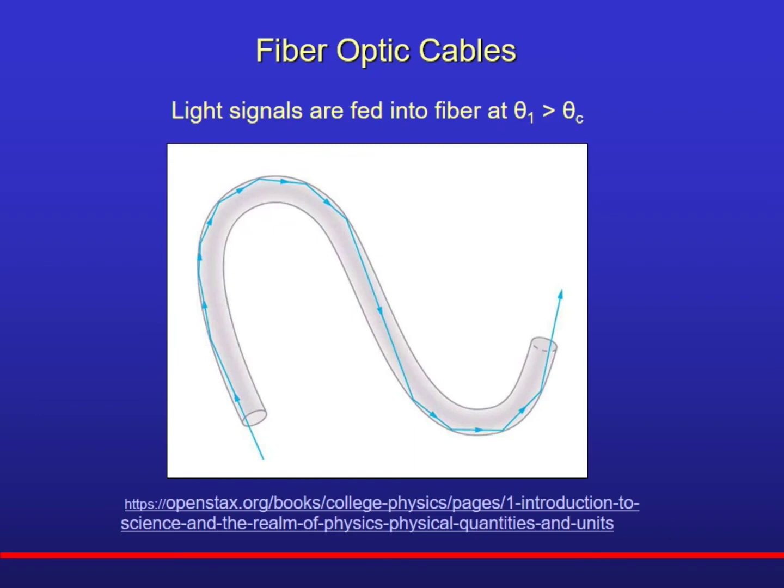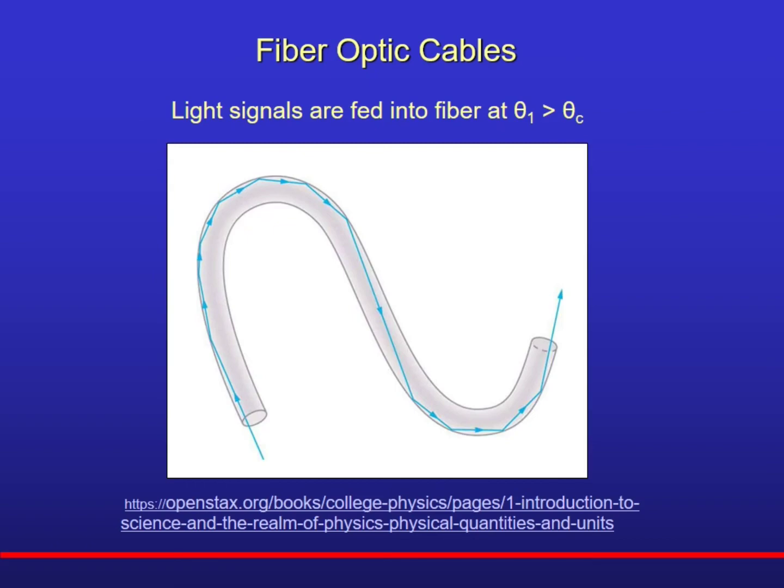That's the blue arrow. And as it travels along the glass fiber, it always hits the side of the glass. And remember, it's relative to the normal. It's hitting the glass relative to the normal at an angle theta 1 greater than the critical angle. It might be from glass to water or glass to air.